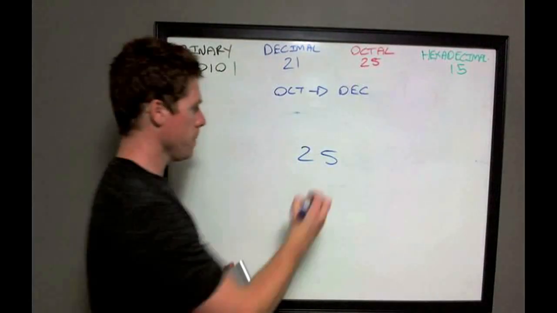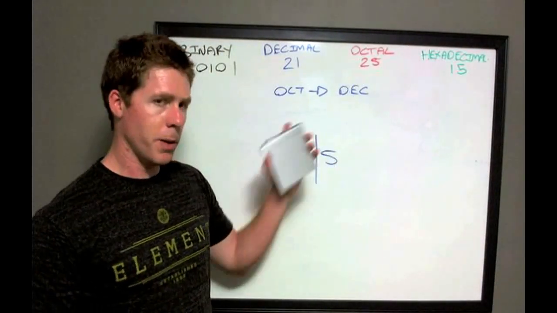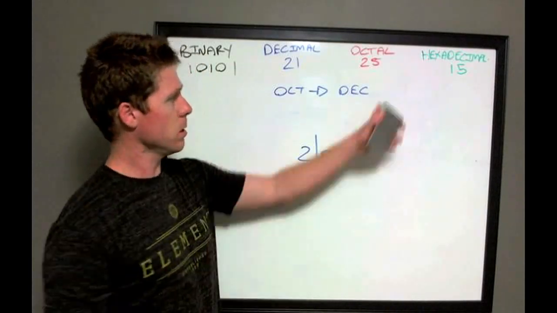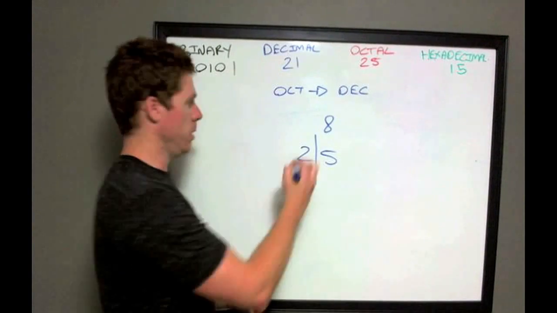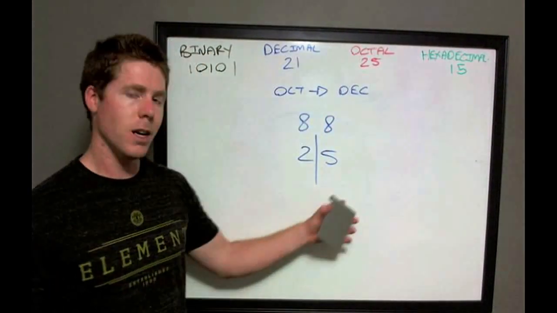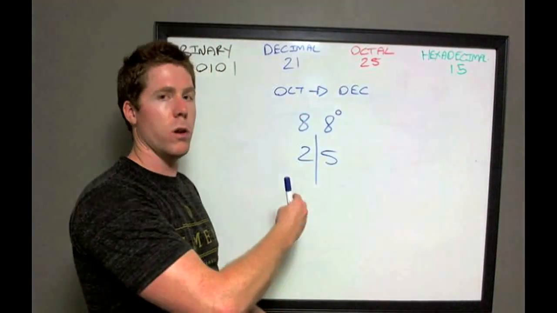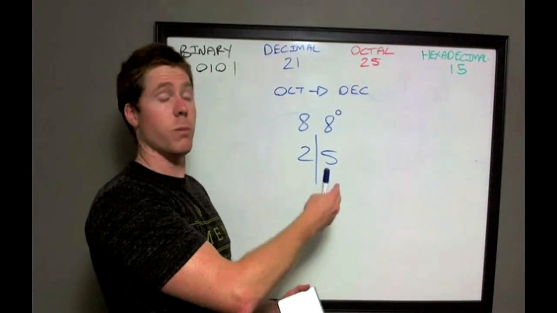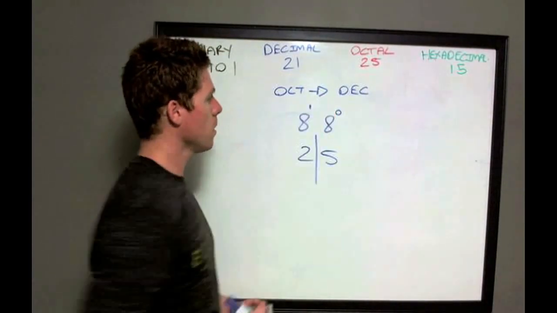In order to do that, we put the base number above each digit. Since it's octal, it's a base of 8. And then we put another base of 8 above there. Starting from the right, we raise it to the power of 0. And then we move across, raise it to the power of 1. If we had more digits, raise it to the power of 2, then 3, and so on.